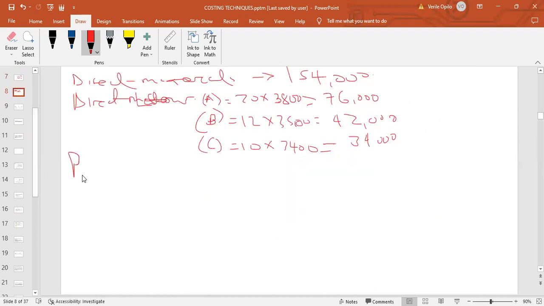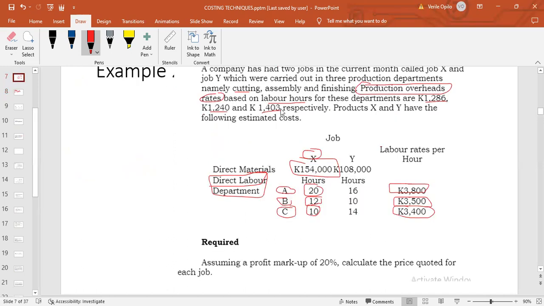So we come here and say production overheads that the company incurs. We're given the different departments. It's stated that the production overheads for these departments were based on the labor hours. The production rates based on labor hours for these departments are 1,286, 1,240, and 1,403 respectively.